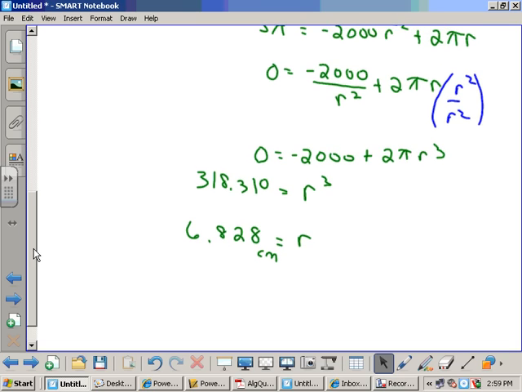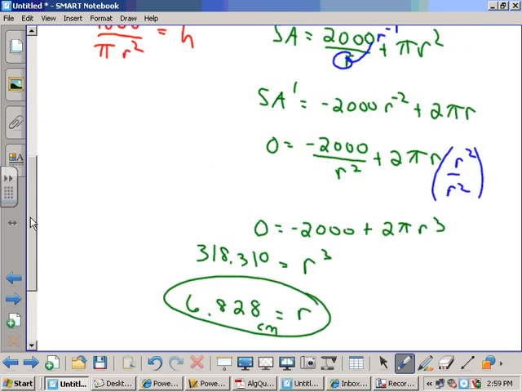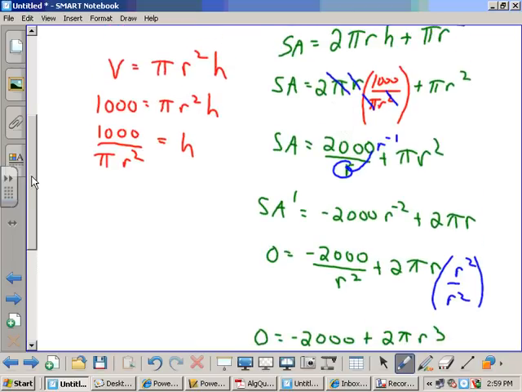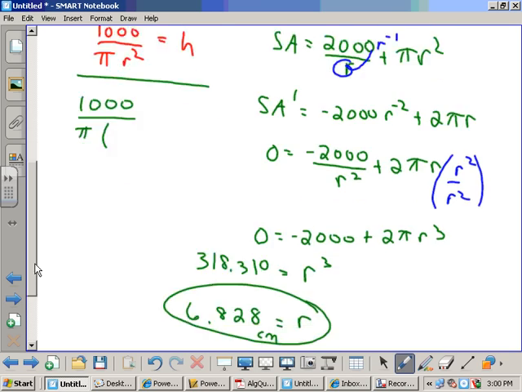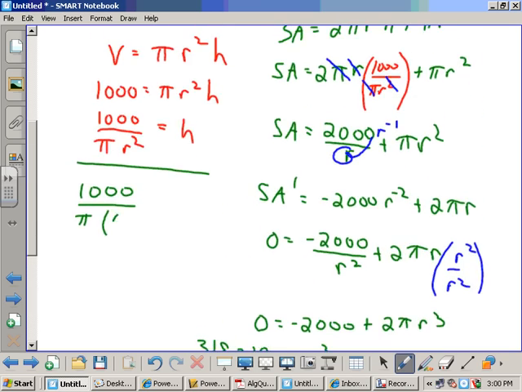Now, I wanted the dimensions of a cylinder, which would also include the height. So since we do have a radius, let's go back to our secondary equation and plug in the radius and find the height. So the radius was 6.828.